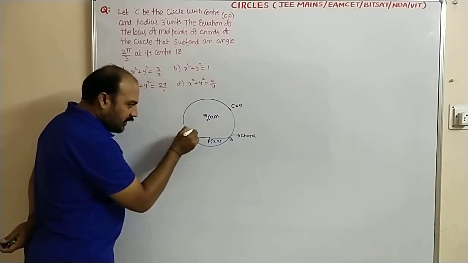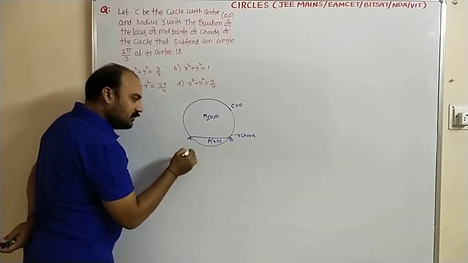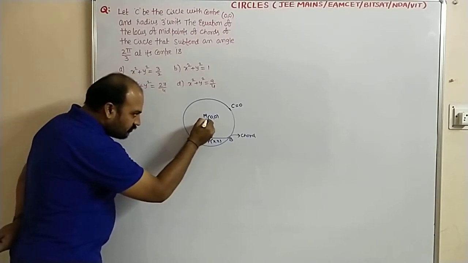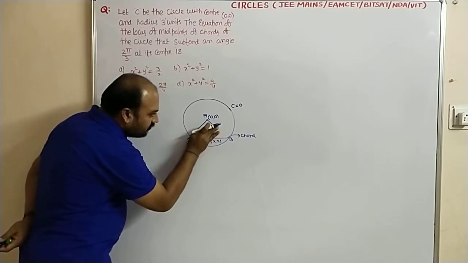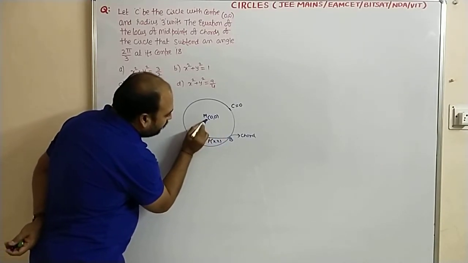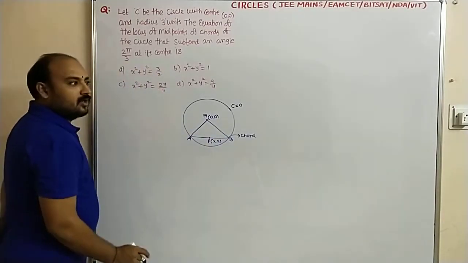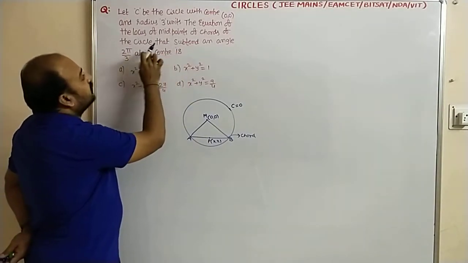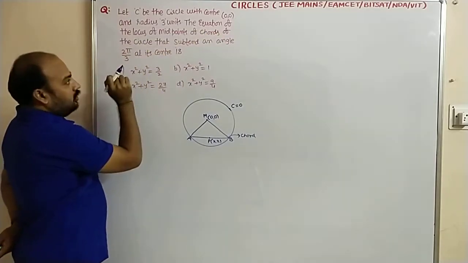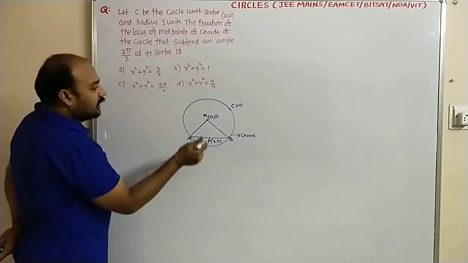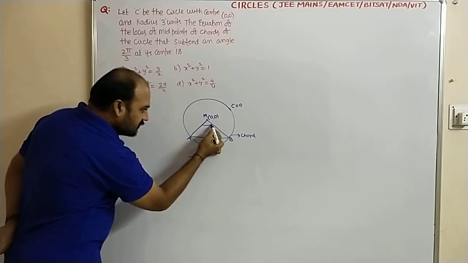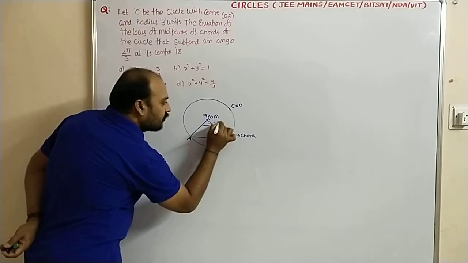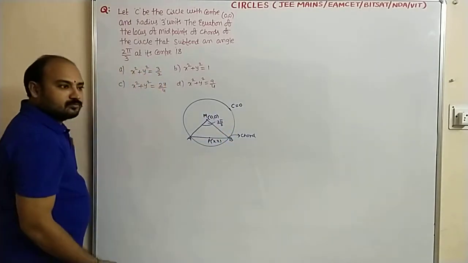Now join AM and MB. This chord subtends an angle 2 pi by 3 at the center.